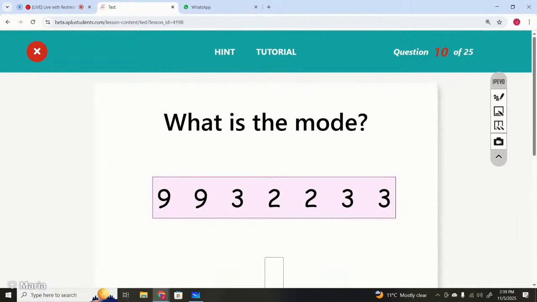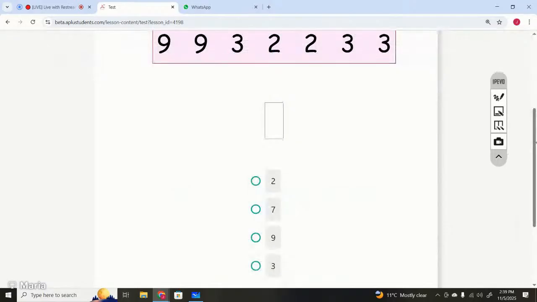What is the mode? Mode is the number that appears the most of the time. So 3 is the number that appears the most of the time. The correct option.